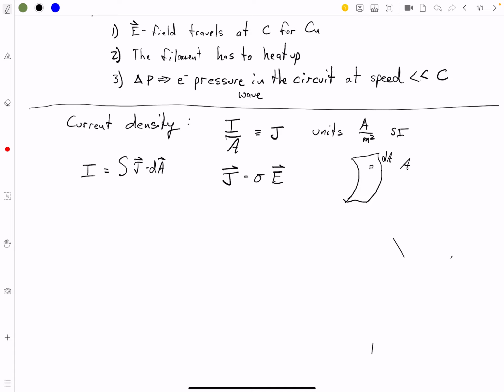However, the nice thing about J is the units of it are the perfect units, so that we can say that there's a proportionality constant, and that proportionality constant is sigma to the E field. And sigma then is called the electrical conductivity.